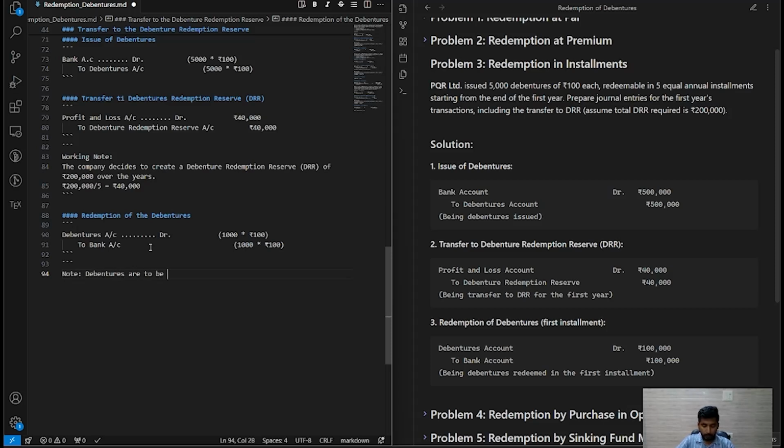Debentures are to be redeemed in installments over 5 years. Total debentures to be redeemed is equal to 5,000 into 100, which is equal to rupees 500,000. That is 5 lakhs.